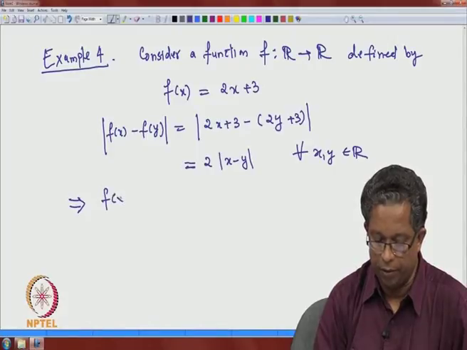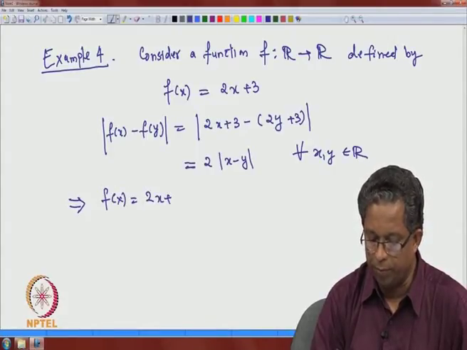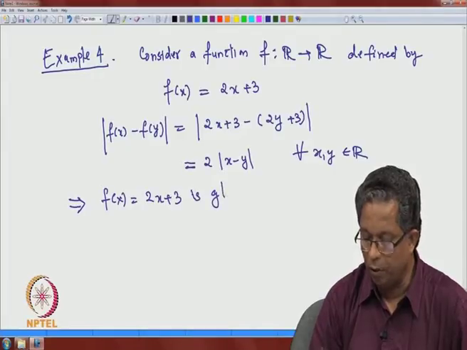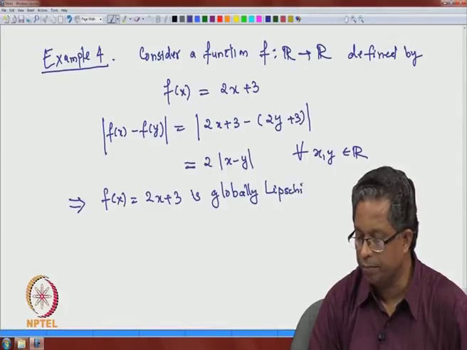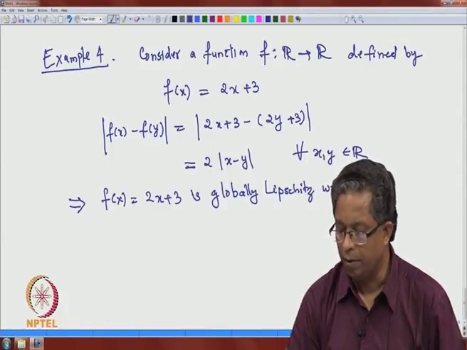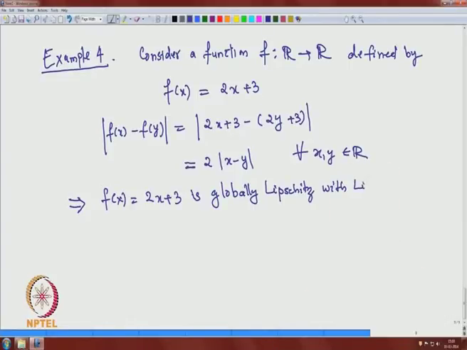So f of x is equal to 2x plus 3 is globally Lipschitz with the Lipschitz constant alpha given by 2. Now consider another example, example 5.